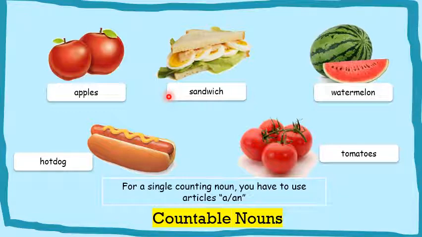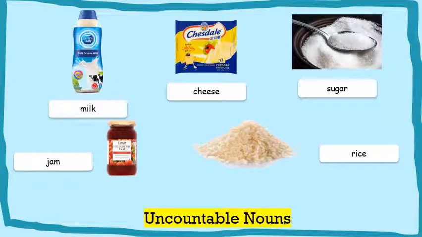A and the. Yes, correct. Let's say for hot dog, you have to put it as a hot dog, not one hot dog. I don't want you to write in your work one hot dog, okay? Next, we have watermelon. A watermelon. Yes, correct. Very simple today.